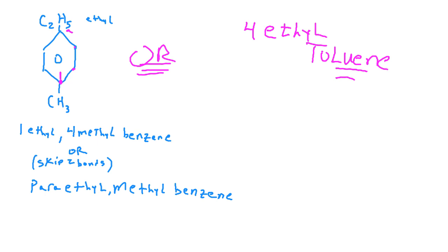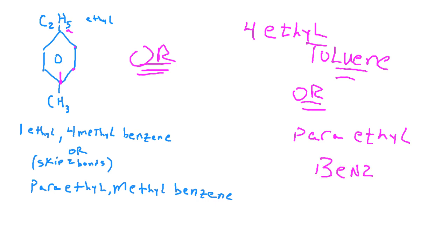Or, remember when you skip 2 bonds, it's para. So this would be para-ethyl toluene. So we have 4 names for this. All of them are correct. I won't get into a bunch of other things that have different names. I just stick with toluene for you guys. So that's enough. We did two substitutions.